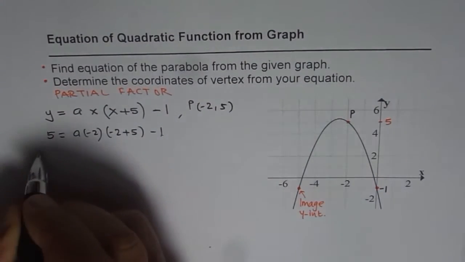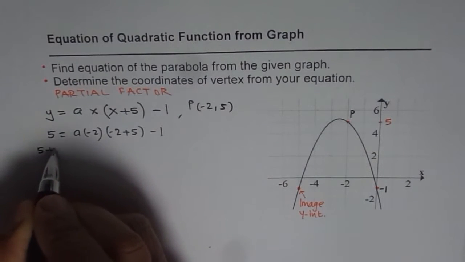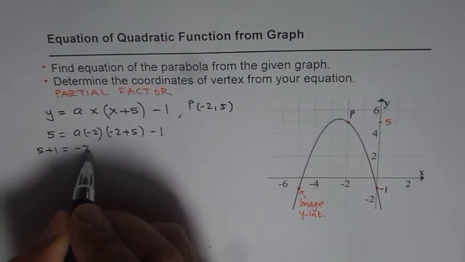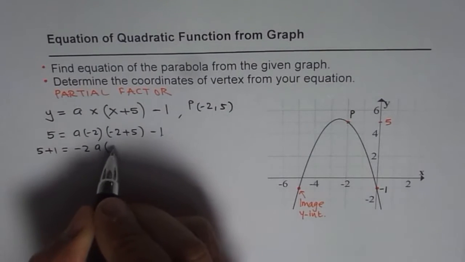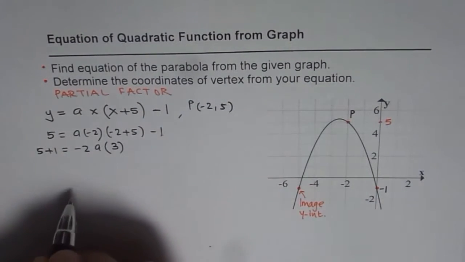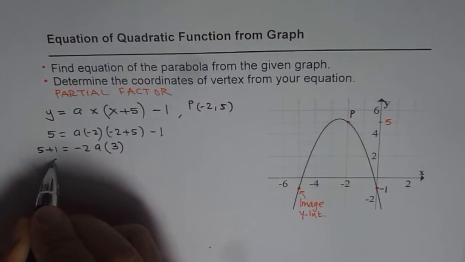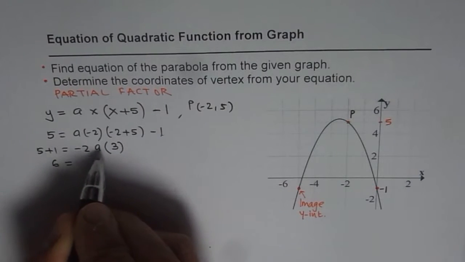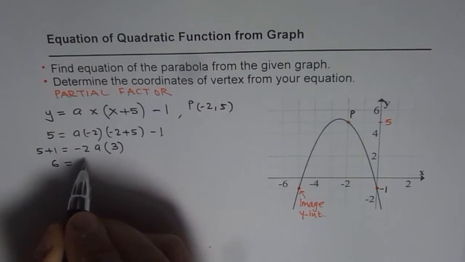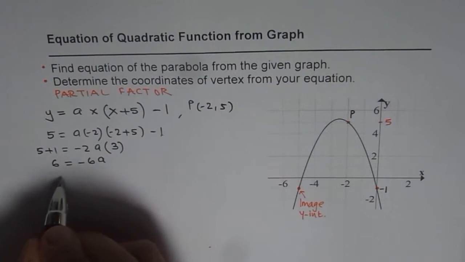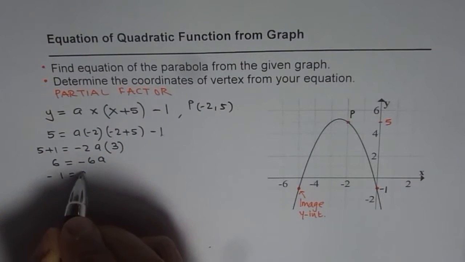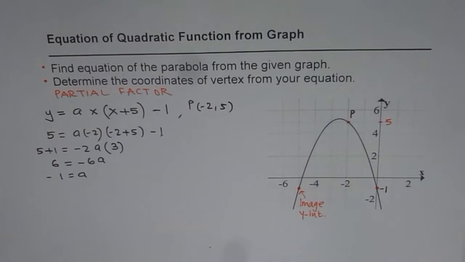We bring 1 to this side, so it becomes 5 plus 1 equals -2a times 3, and that gives us 6 equals -6a, so a is -1. So we get a value of a as -1.